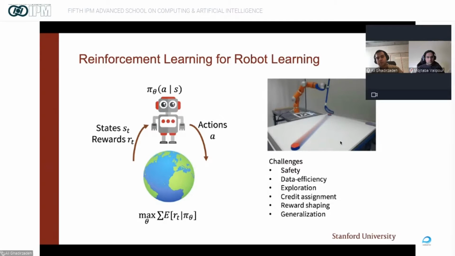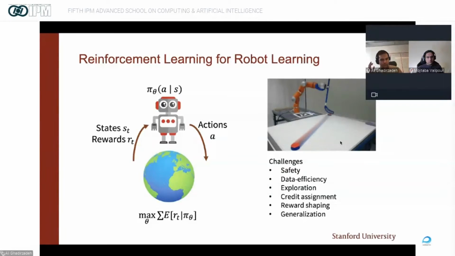The first challenge, and the most obvious one, is safety. Let's come back to the original example of a robot trying to shoot a hockey puck. In this example, the robot is holding a hockey stick, and you can't let a robot like this do whatever exploration or execute whatever motor actions it wants.